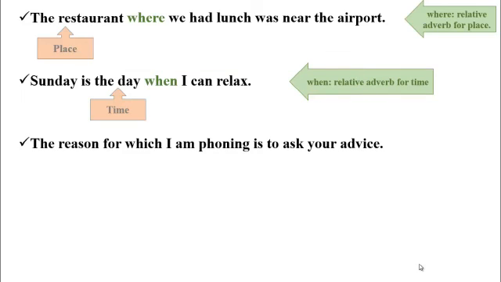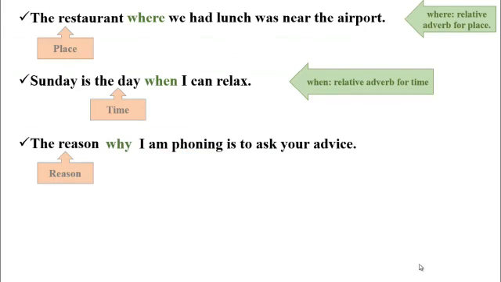The reason for which I am phoning is to ask your advice. Here the relative clause is for which I am phoning, and since we are talking about reasons, instead of using for which, we can just use why. So why is the relative adverb for reason. These are the different relative adverbs we have: where, when, and why.